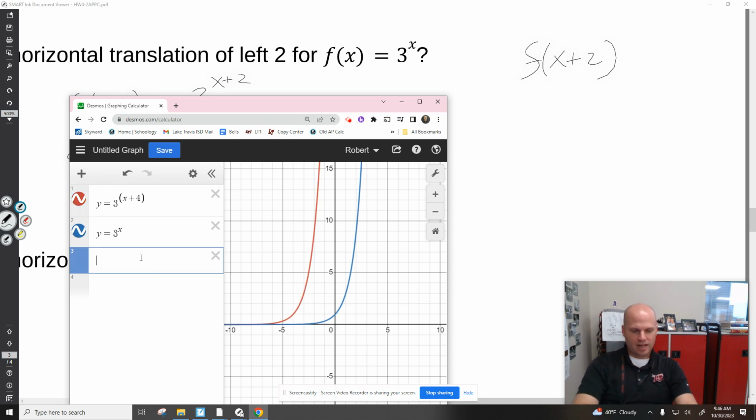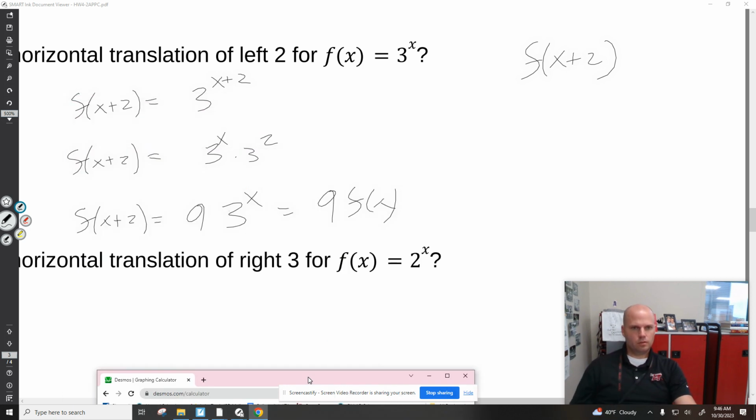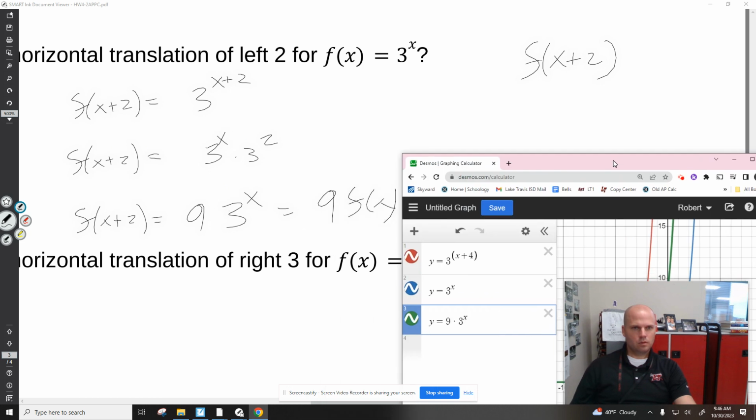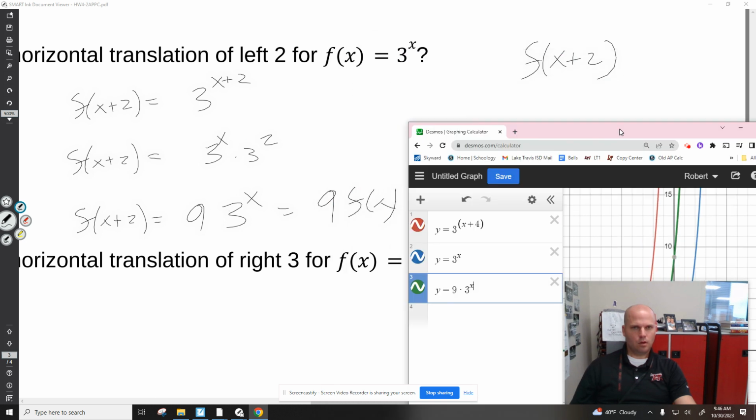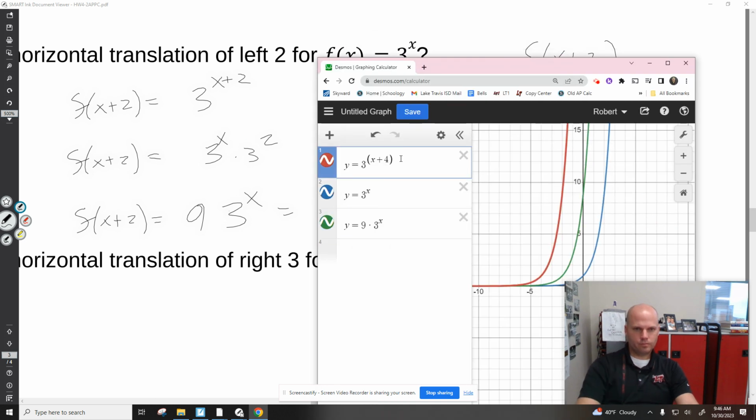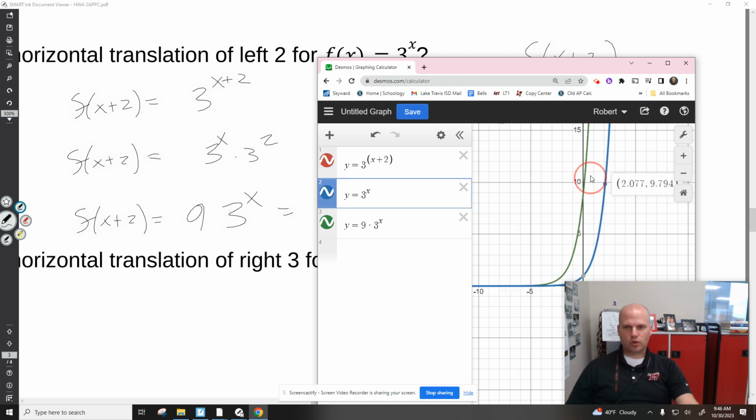But what we realize is that it's the same as a vertical dilation of 9. It's the same as a vertical dilation of 9.